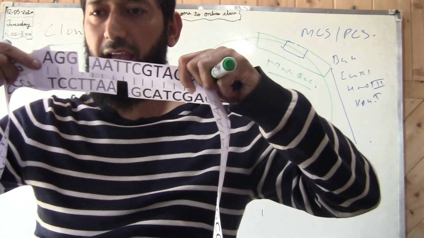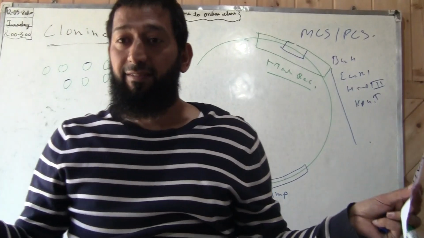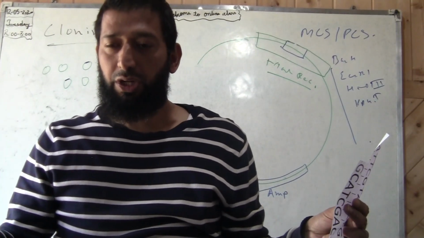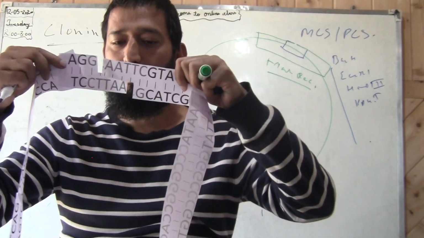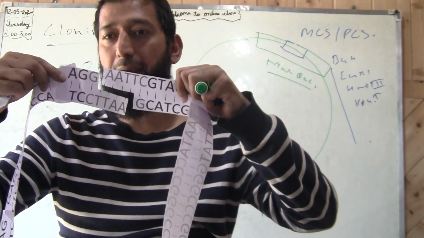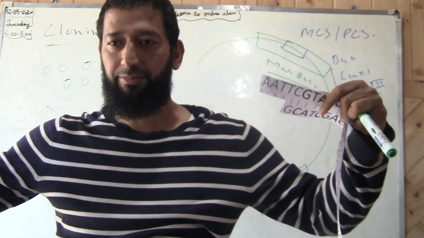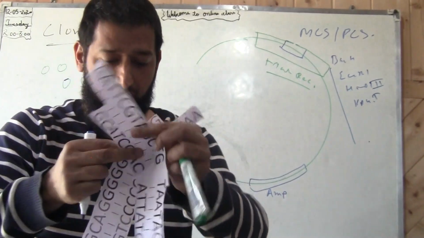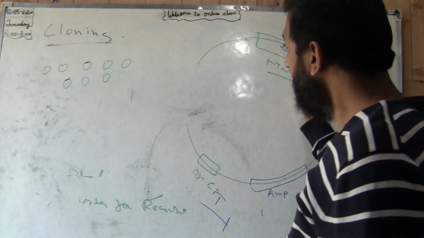They can again religate or re-anneal. So chances are that when you put them in a solution of ligase, ligase will bind them together back, because the ends are compatible. It's a vector, or either an insert can go in between. Both things can happen. So that's why we require a marker for recombination.